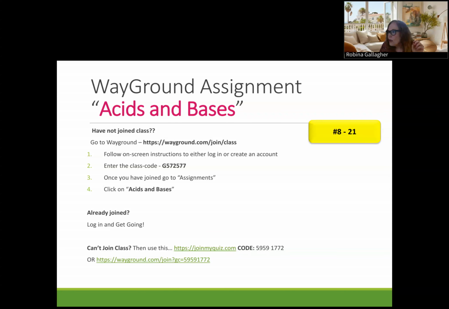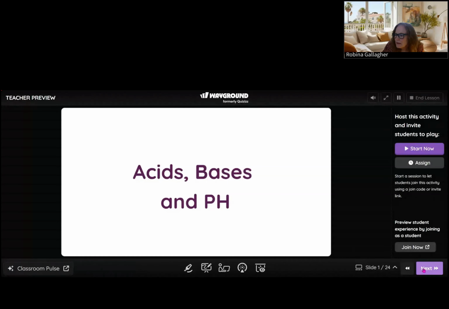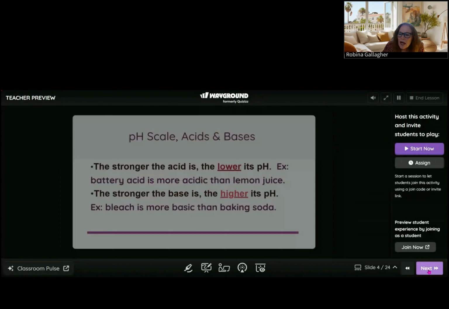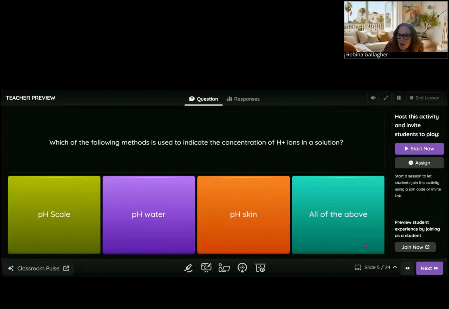Okay, so we are going to do Wayground. I'm going to share my screen and show you what it looks like. The one you are going to want to do is acids, bases, and pH. It's going to give you a little bit of a lesson, and then it's going to give you a question: which of the following methods is used to indicate the concentration of hydronium ions in a solution? And I know that is the pH scale.